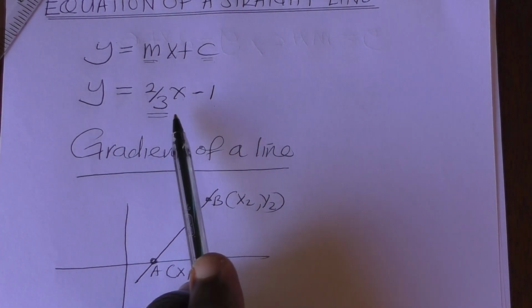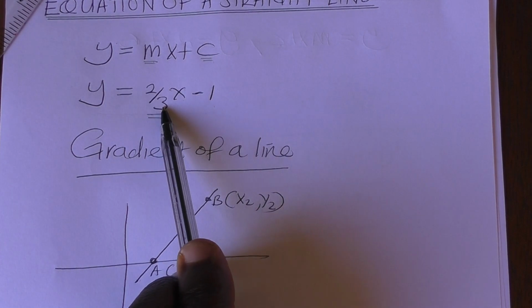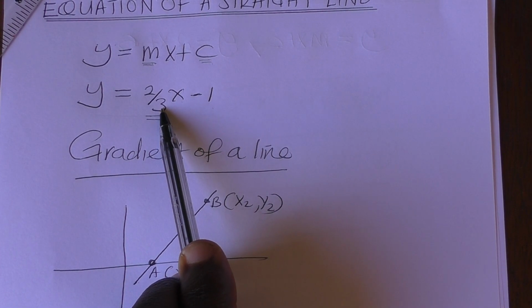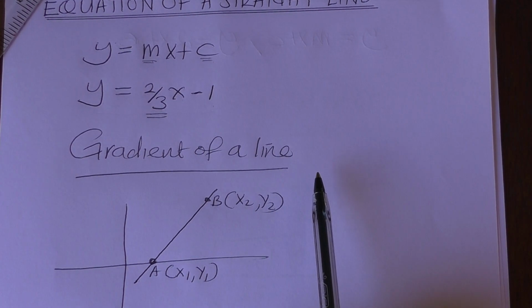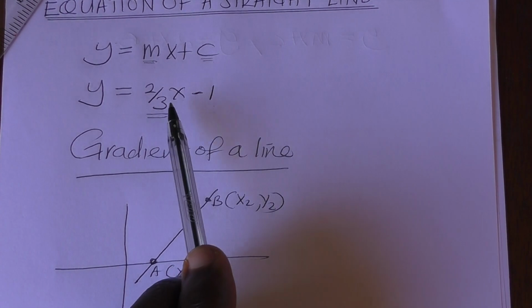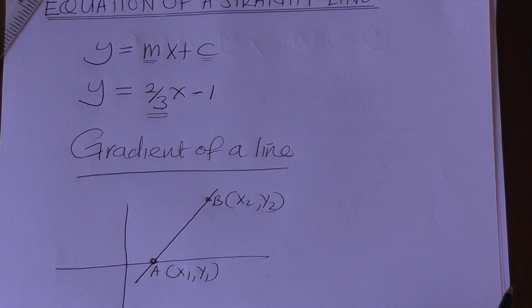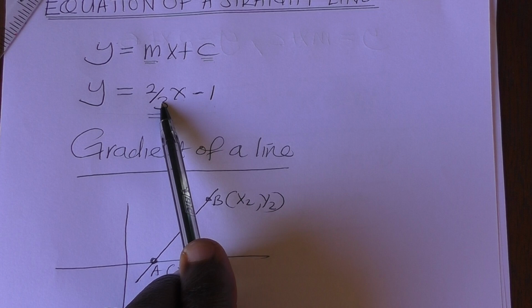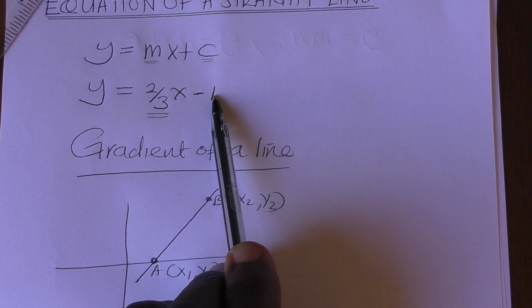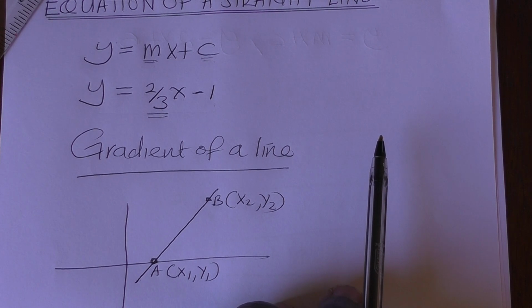For instance, if you look at this equation, 2 over 3 is the gradient m and negative 1 is the y-intercept c, meaning x and y are variables in our equation. So our task is to find the gradient m and the y-intercept c and substitute them in the general equation.